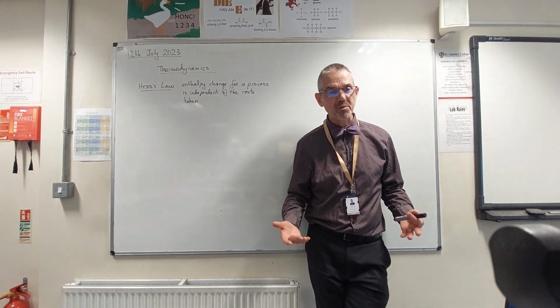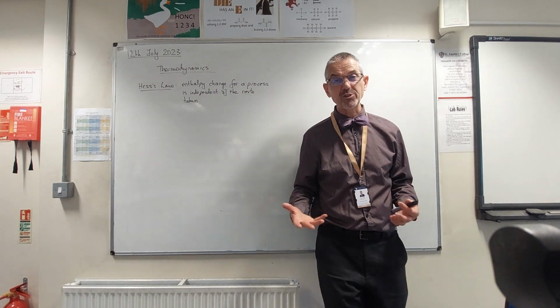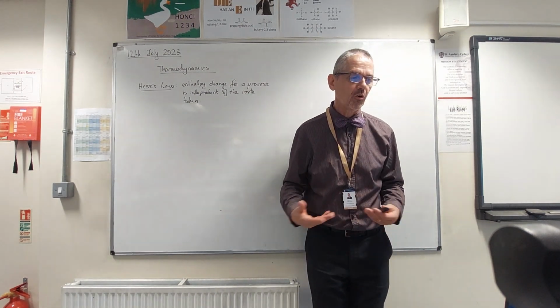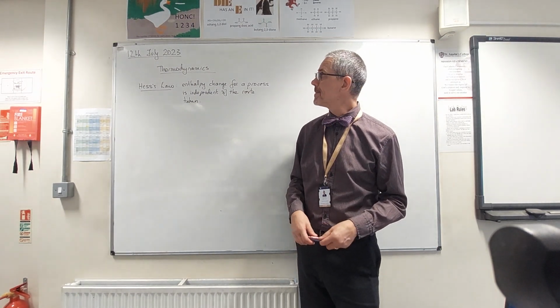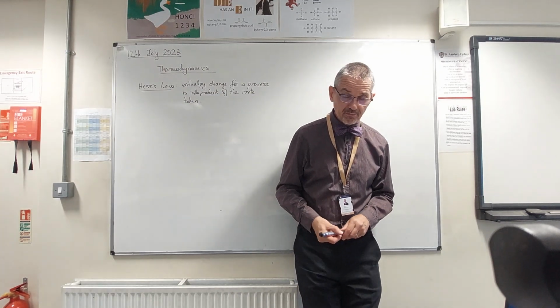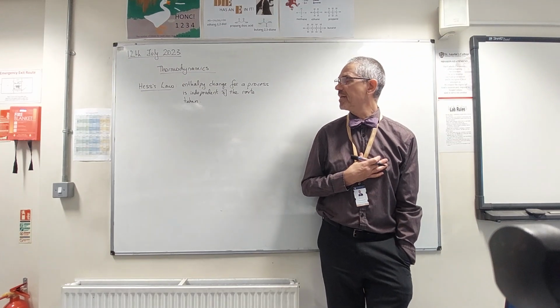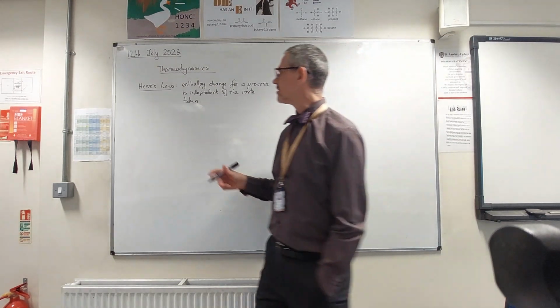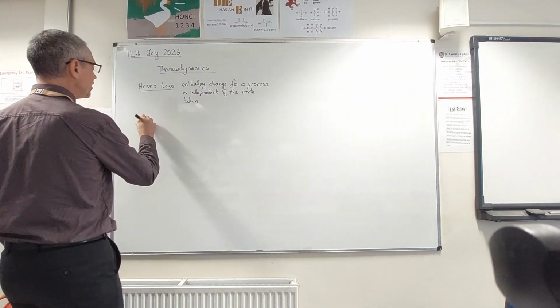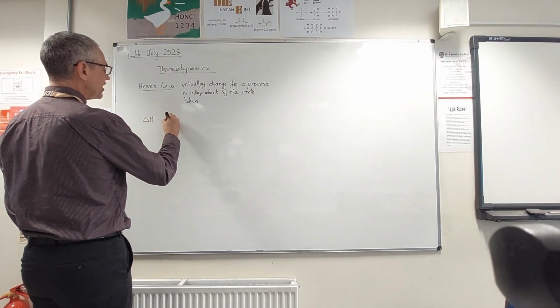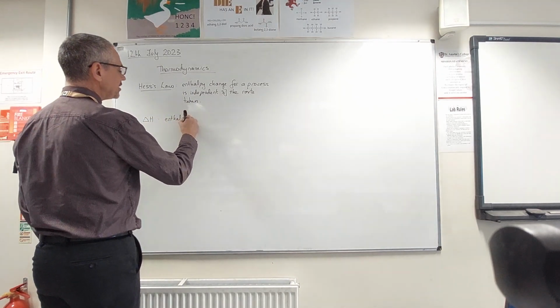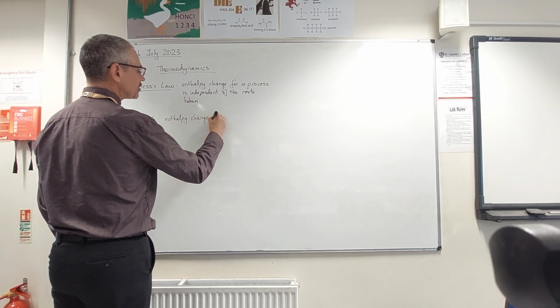And we introduced the concept of delta H, enthalpy change, or chemical heat energy change, and Hess's law. So Hess's law: enthalpy change for a process is independent of the route taken. And our definition of delta H is enthalpy change at constant pressure.